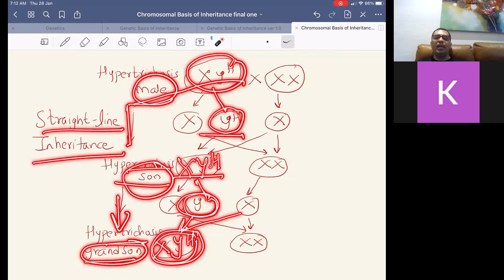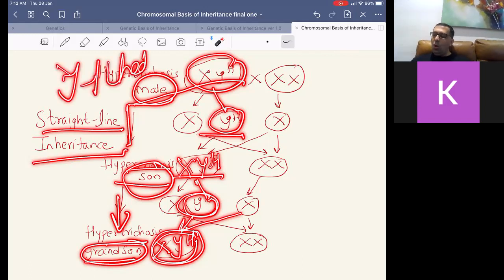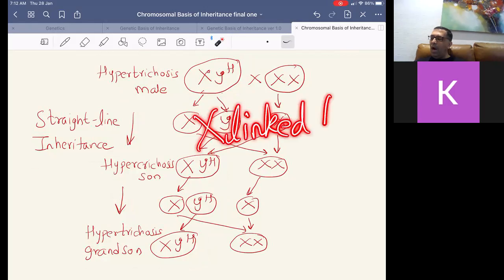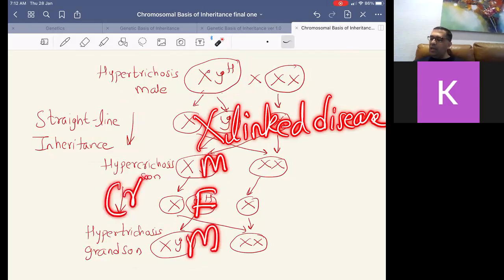inheritance. What is it called? Straight line inheritance. So Y-linked disease shows straight line inheritance. X-linked diseases pass from male via female to male, and that is called crisscross inheritance.